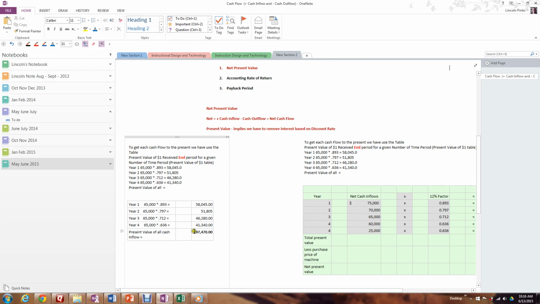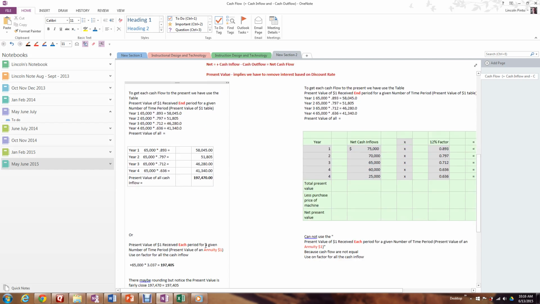And everything else is simply the same thing going on all the way through. Just to give another example, this $41,340 is the present value of the $65,000 that we are going to receive in year four. Okay, so if we add up all of the present cash inflows, we get $197,470.